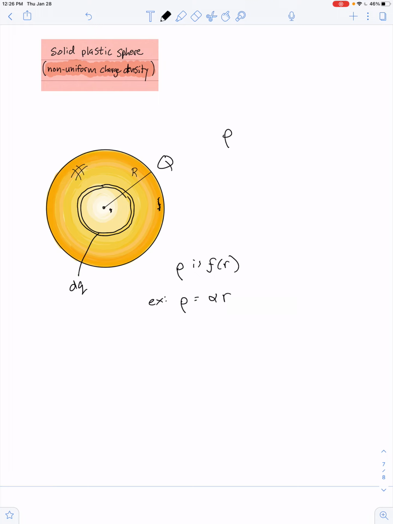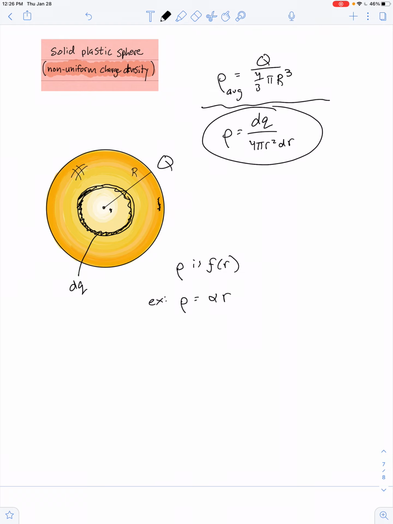So rho is that little bit of charge within the volume of this spherical shell, which would be 4 pi r squared dr. I'm going to use that as my expression for rho as opposed to all of the charge divided by all of the volume, because in this case, that really is an average rho that's not the same thing as I would get here, right?